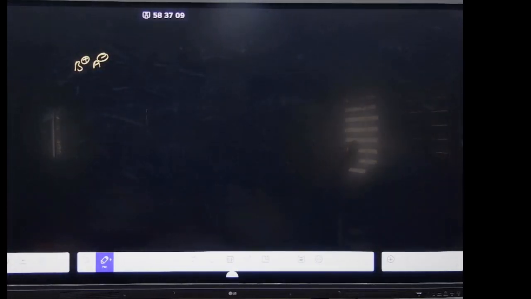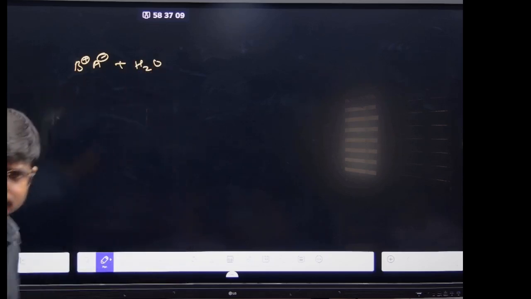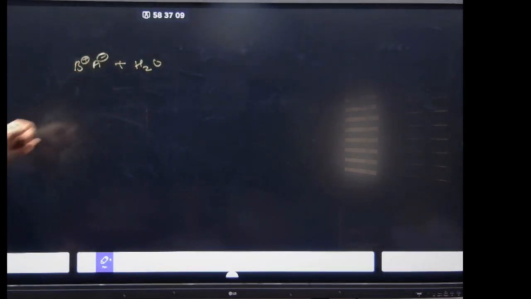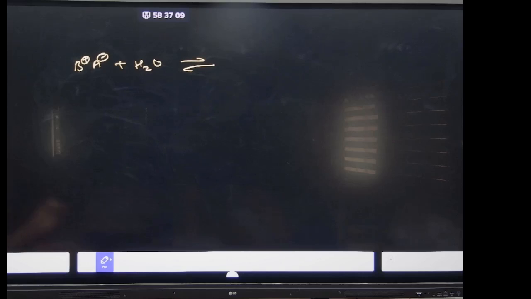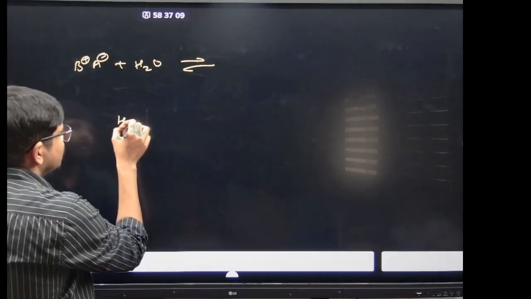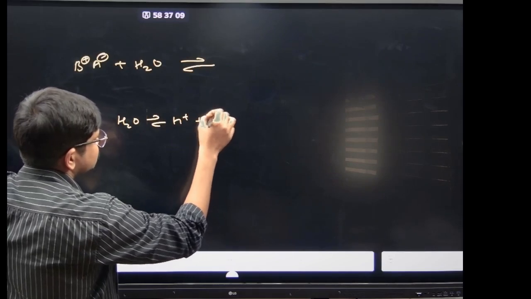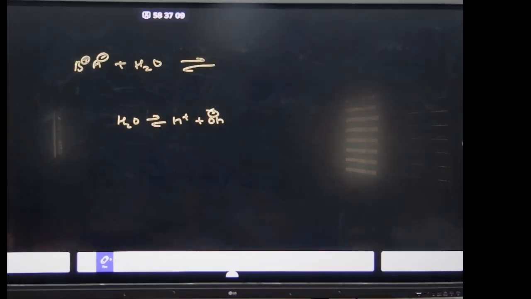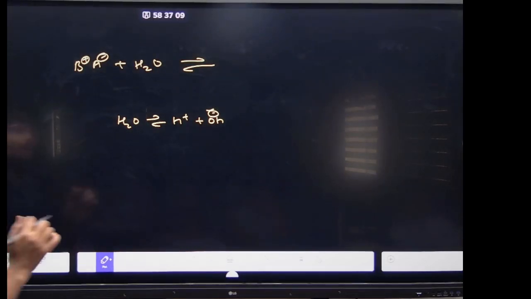Now what will happen with water? This water bond will break. Water can be written as H+ and OH-, H2O can be written as H+ and OH-.